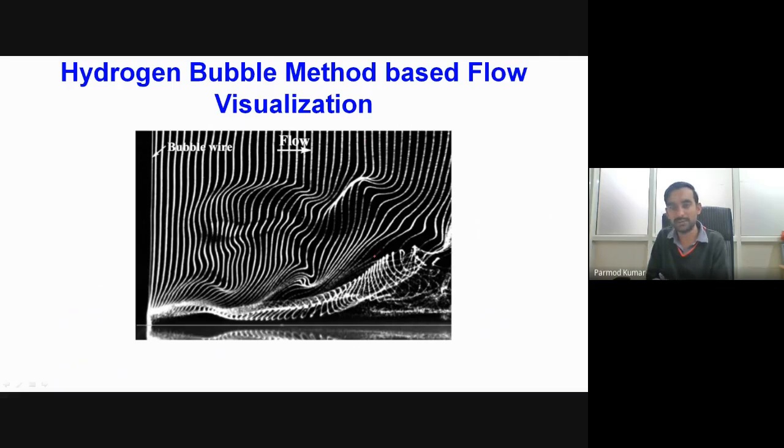Okay, so this particular flow profile is plotted by tracing the path of the bubbles at the frequency of 30 kilohertz. So this is one typical representation which is helping us in visualizing the flow field by generating hydrogen bubbles within the flow field. This will be only applicable for visualizing the flow field inside the liquid medium.